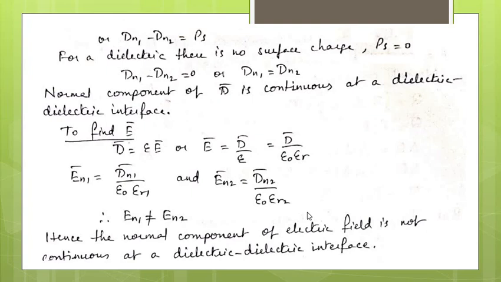After evaluating the tangential components of E, we need to find the tangential components of D. Then use the Gauss law for a surface and solve the normal components of D. After getting the normal components, use the relation between D and E to find the normal components of E. So by solving this, we can understand what changes happen when any electromagnetic wave travels from one medium to another. This medium can be a dielectric or a dielectric conductor or a conductor free space and dielectric free space.